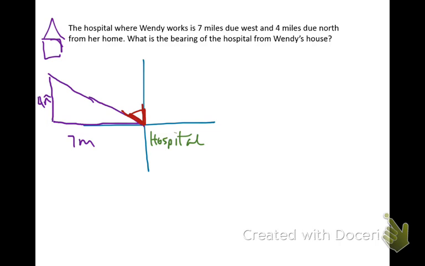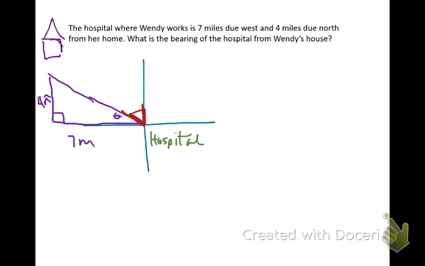All right, so I'll just label this one theta. So how are we going to find theta? How would we find this one? Sine, cosine, or tangent? Let's put the 90 in.